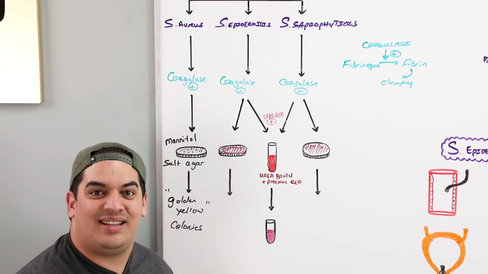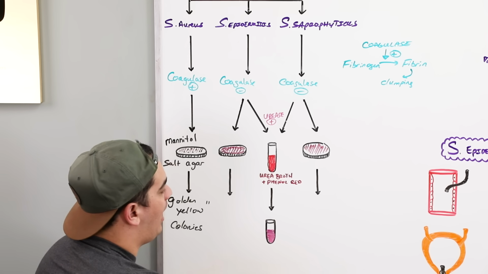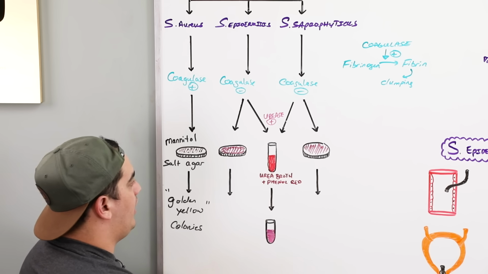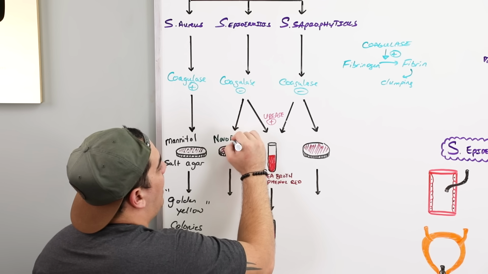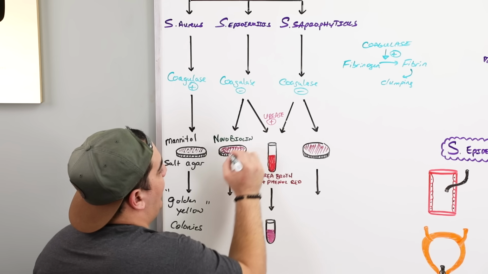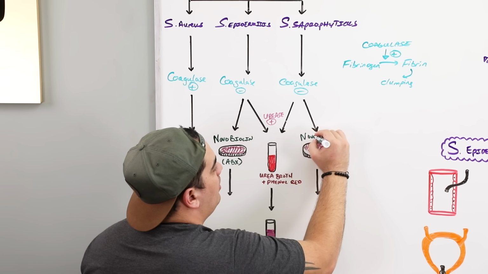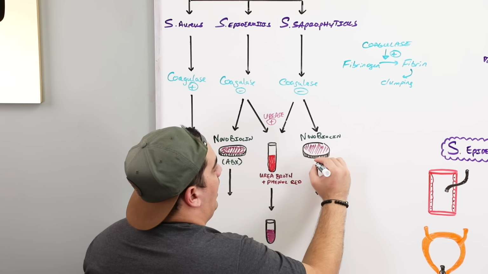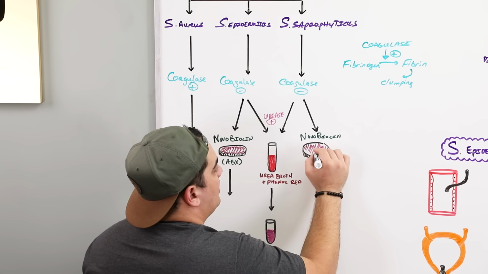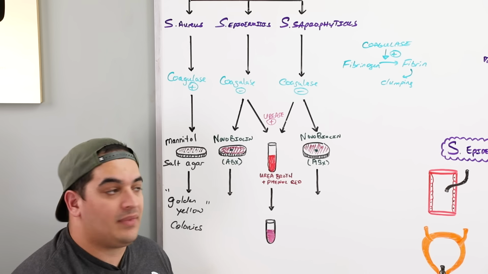How are they actually different then? Here's the next test. You take an antibiotic. You take these bacteria and you put them on something called novobiocin. It's basically an antibiotic, right? So I'm going to put both of them on novobiocin. I'm going to take both of these bacteria, put them on a petri dish, and slap an antibiotic right here in the center of that petri dish where all the bacteria is.